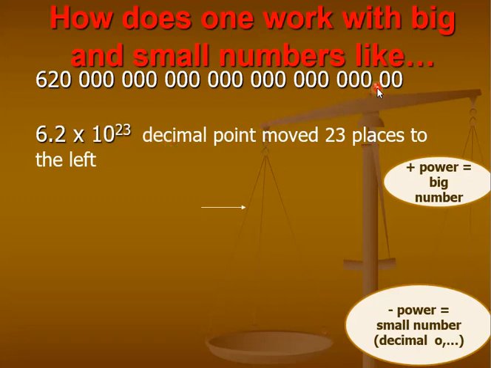Because if you count up until the first digit, you'll have to go 1, 2, 3, 4, 5, 6, 7, 8, 9, 10, 11, 12, 13, 14, 15, 16, 17, 18, 19, 20, 21, 22, and then 23.